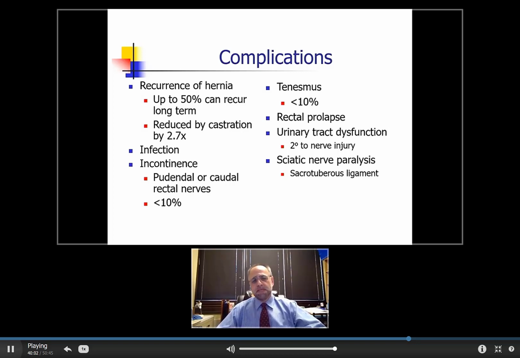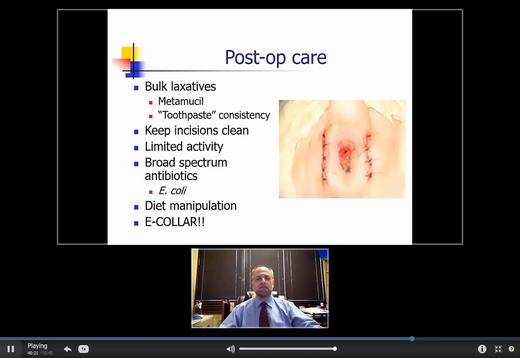Some of these patients may continue to strain to defecate for a period of time, which could result in prolapse, and other things such as sciatic nerve paralysis if the sacrotuberous ligament causes some entrapment with our sutures. Those and some urinary tract problems may occur, but those are certainly less common.